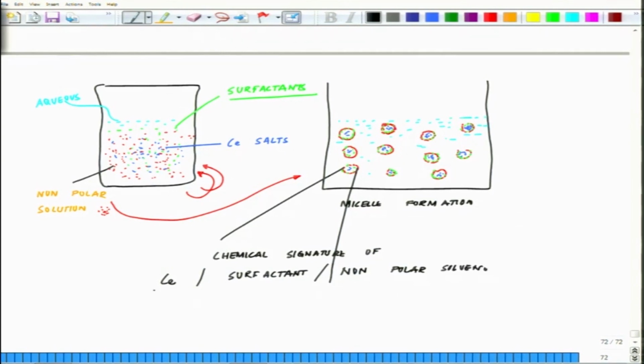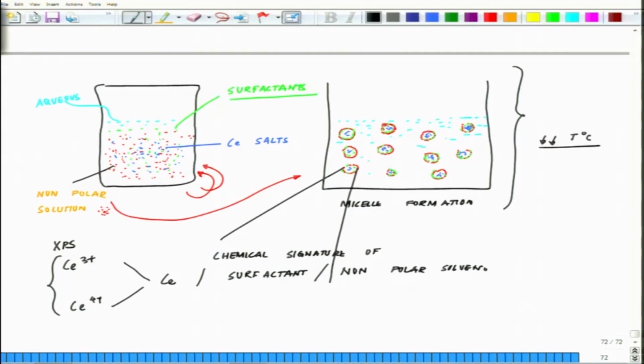Now, cerium, when you look at the XPS, you will see Ce3+, Ce4+, and this whole thing we are talking about is at a very, very low temperature, in room conditions.